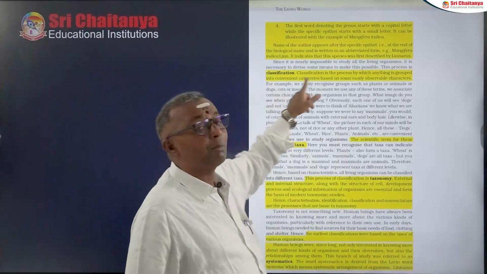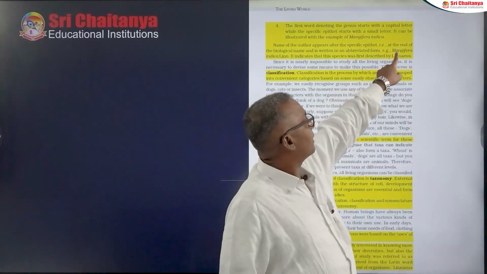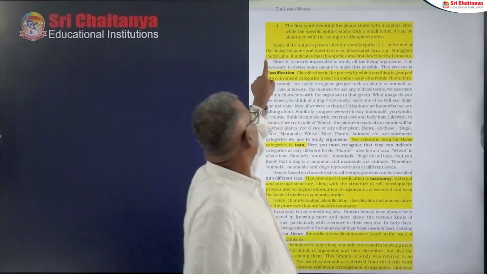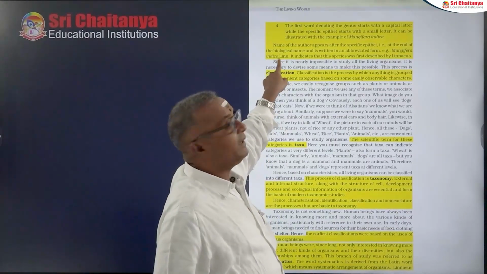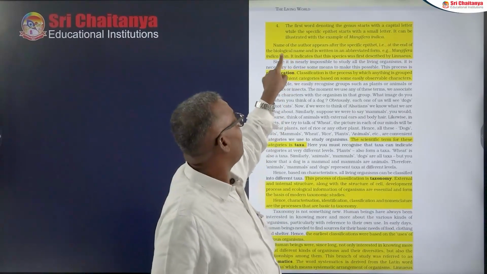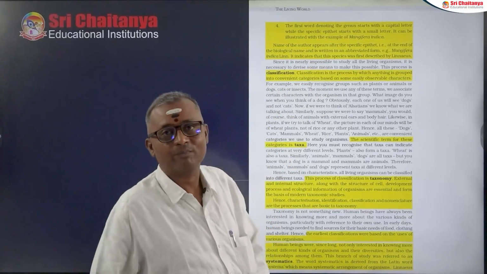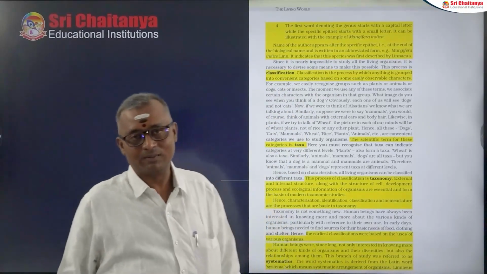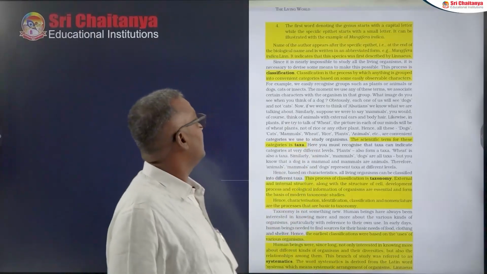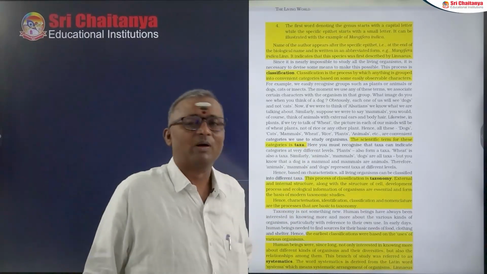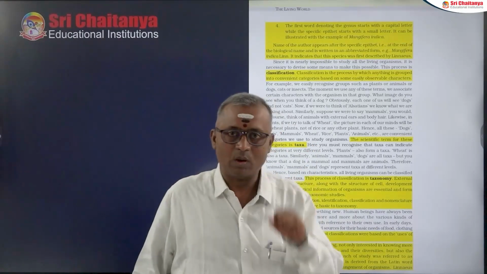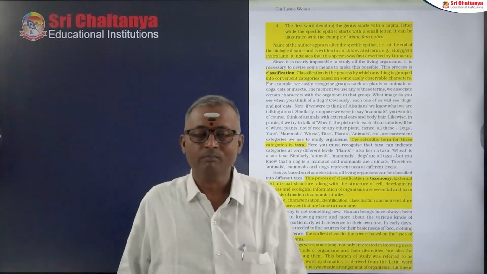It was described by Linnaeus. So after writing Mangifera indica, we give the abbreviated name of Linnaeus, that is Linn. with a full stop. This is the way we have to write. So these are some important rules of nomenclature. So this is about nomenclature and identification.